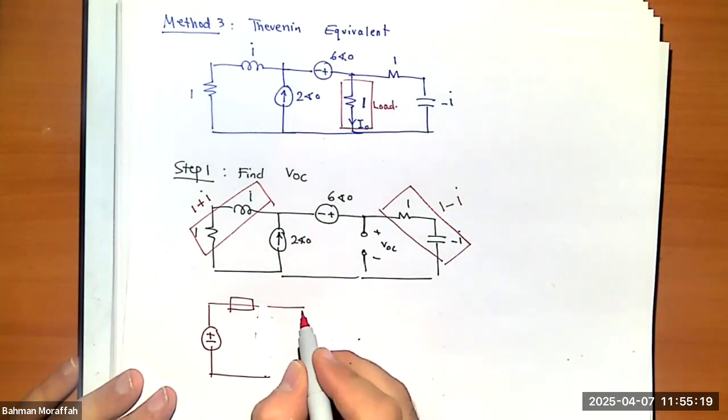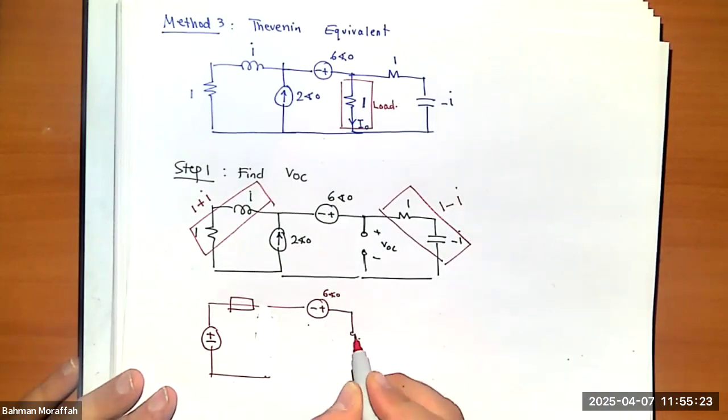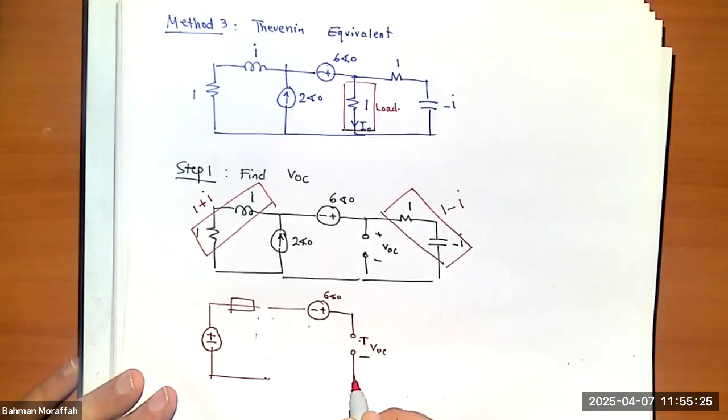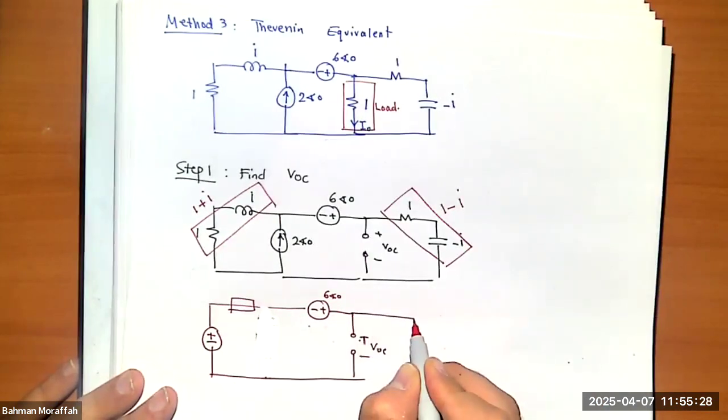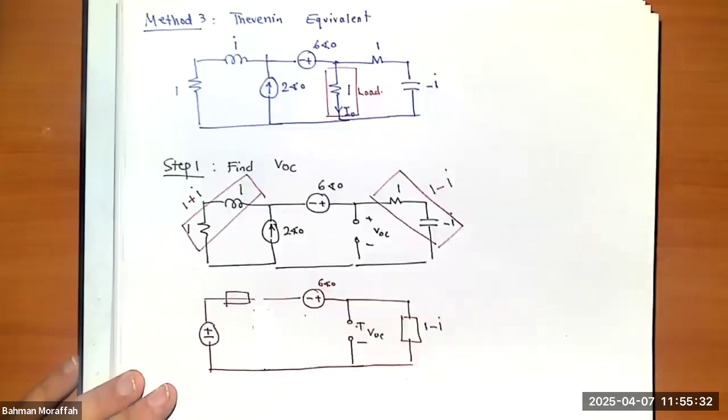So 6 and 0. This is still my V open circuit. And this is this 1 minus I.